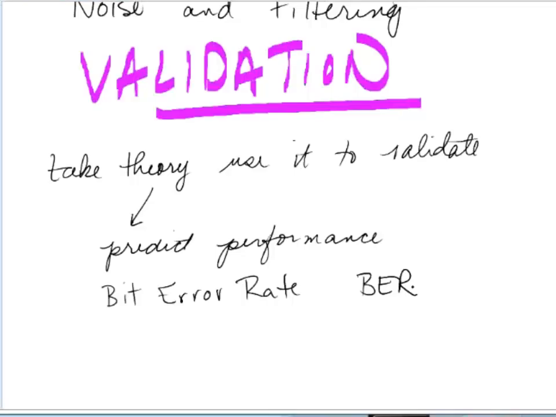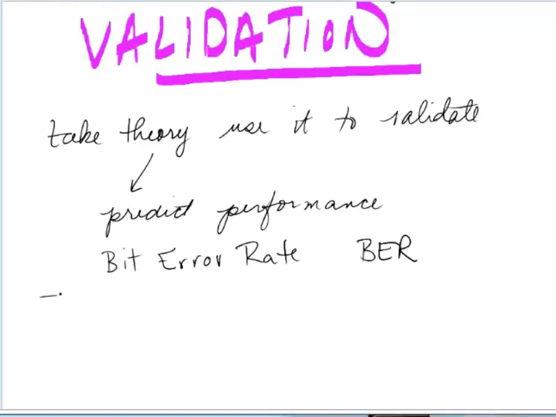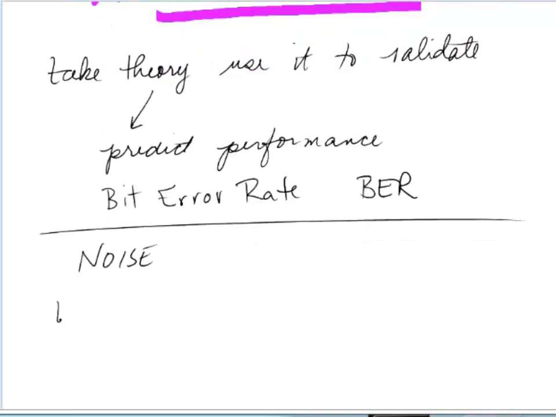So in terms of noise, which noises are we talking about? Today the focus is on noise. And on noise, we're going to be talking about thermal noise. We're going to be talking about shot noise. And we're going to be talking about amplified spontaneous emission.